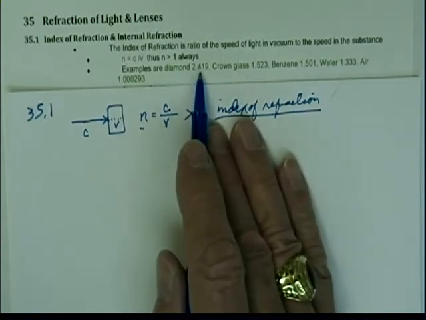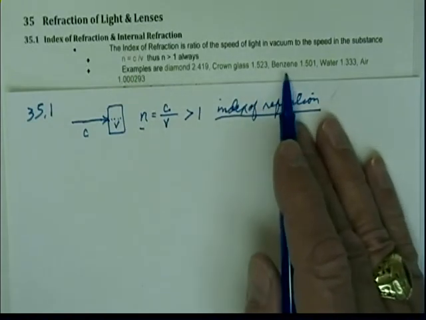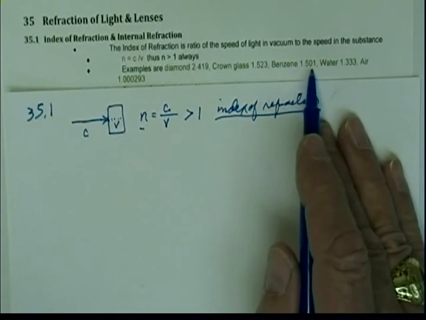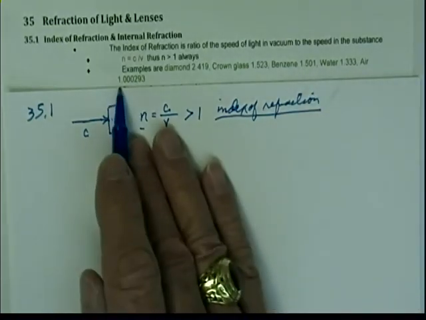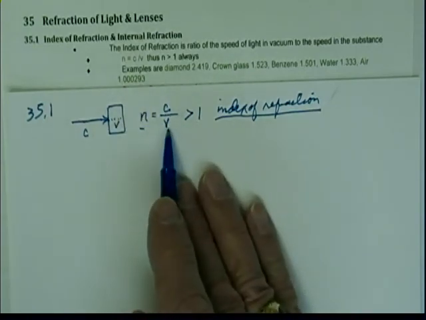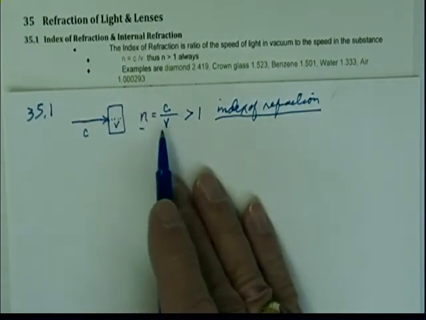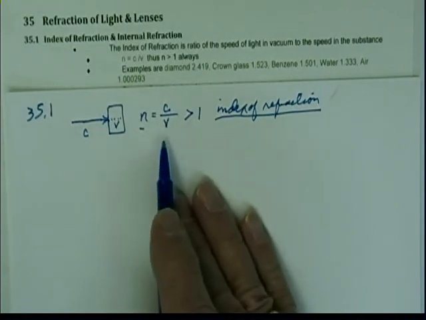And you notice that that's larger than crown glass, which is 1.5. Benzene is 1.501. Water is 1.33. And air, you can see, is very, very close to being exactly 1, which would be that which we have for a vacuum. So to a very good approximation, you can think of air as comparable to a vacuum.